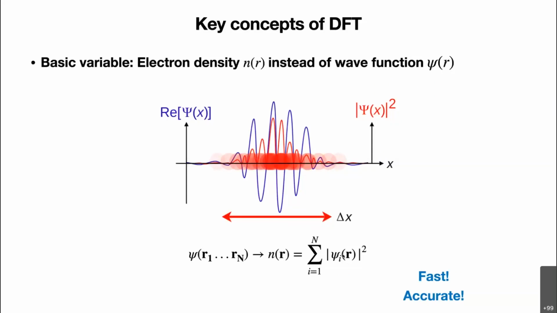So now the basic variable is the electron density, not the wave function. So it should be much faster. Also, this electron density already includes all the information we need in the calculation, so it is likely to be accurate. This is the key concept of DFT.